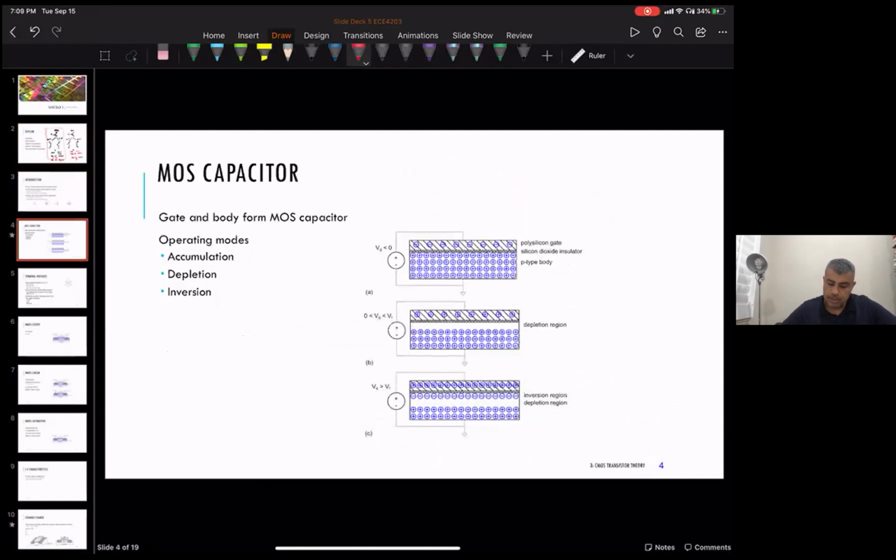So the first place we start is with a MOS capacitor, which is an actual MOS transistor.